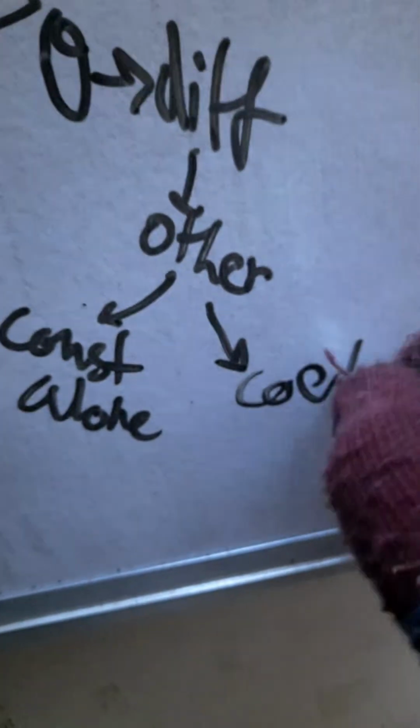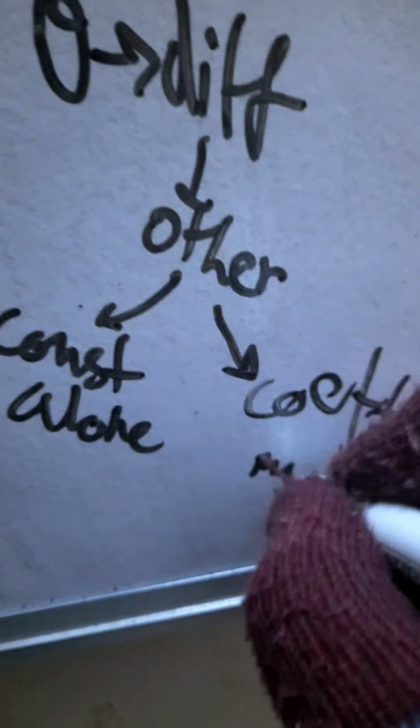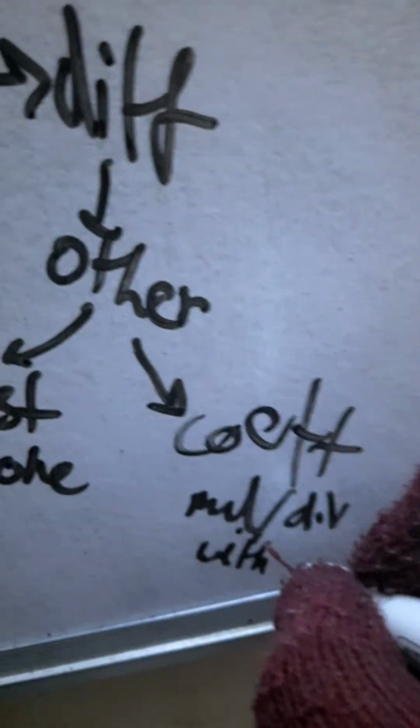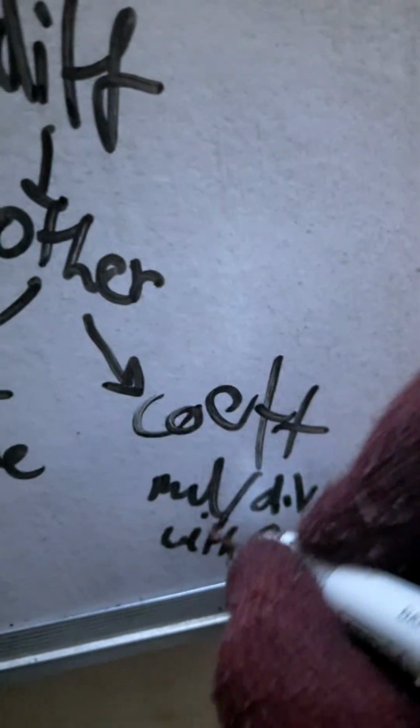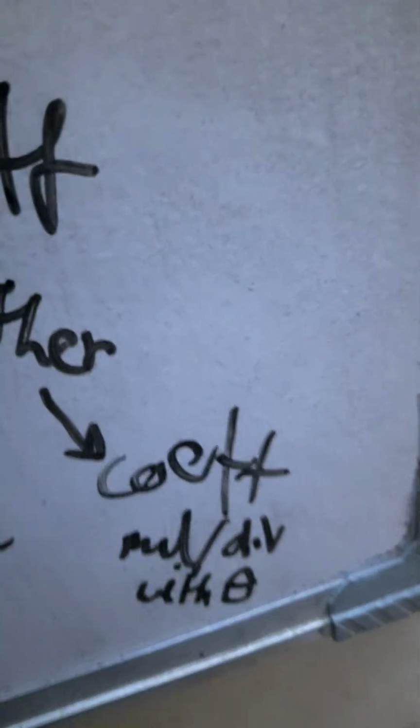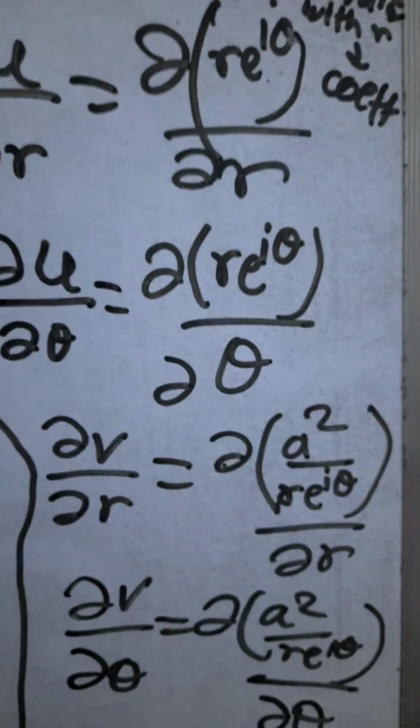So constant if they are alone, coefficient if they are multiplied or divided with, sorry for the cough, theta, right? So e raised to i theta is the theta term.